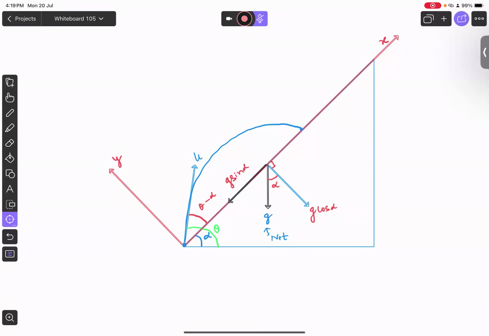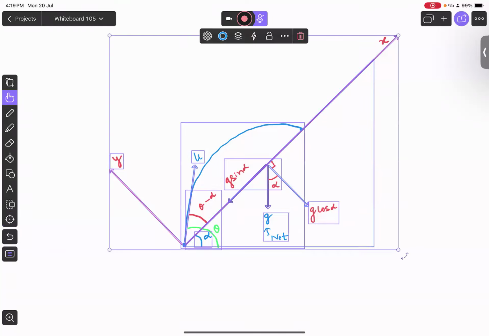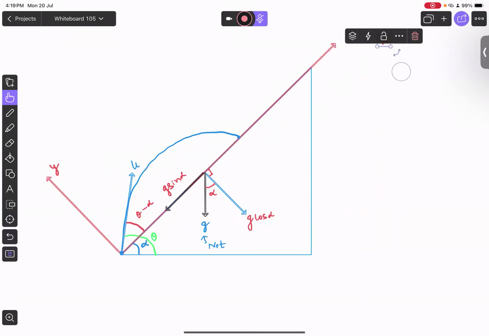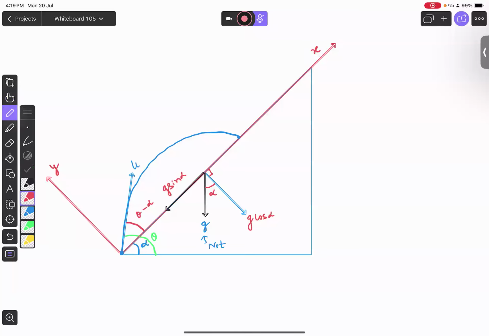So we do the same thing here. We write down x things and y things separately. The point from where I throw it, I consider as our origin.